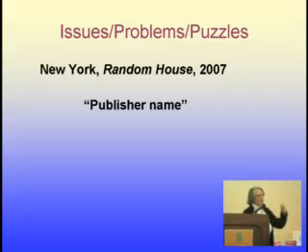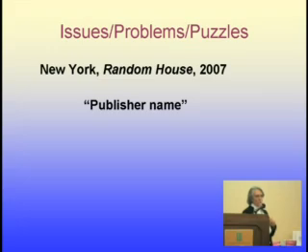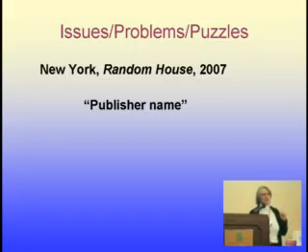In RDA and AACR and all of library cataloging, this is the name that appears on the title page that purports to be the publisher. You put it in here even if you know it's wrong. If you know it's wrong, you may make a note saying, no, that was really Harper and Row that published that. So this isn't the publisher as an entity. This is the name that appears on the title page.